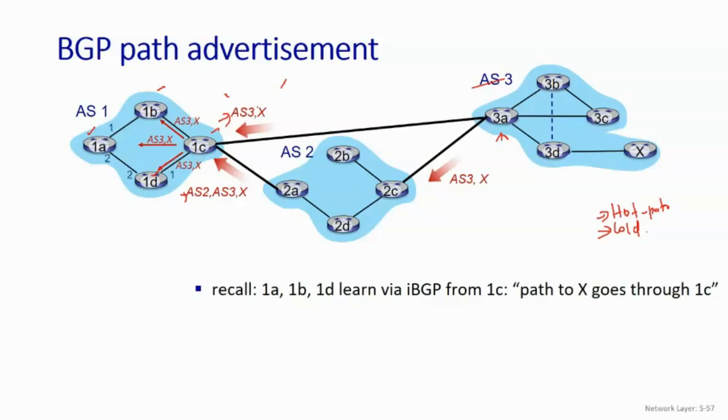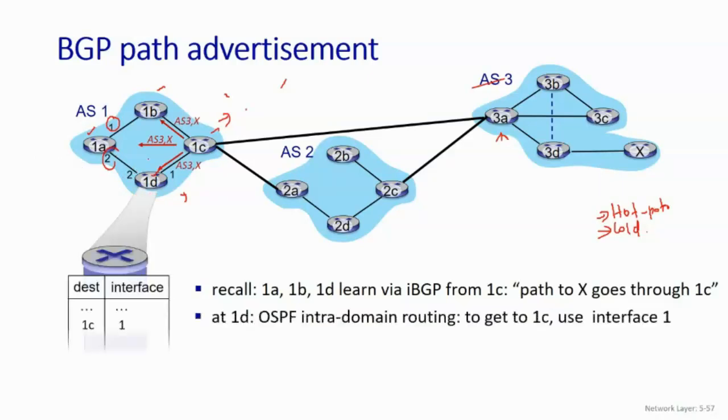So in this case, how is the routing table updated by 1A? 1A has this link and this link. This link is numbered as interface 1, and the 1A to 1D link is numbered as interface 2. It has 2 interfaces. Now see the forwarding table. This is the part of the forwarding table of 1A to reach 1C.